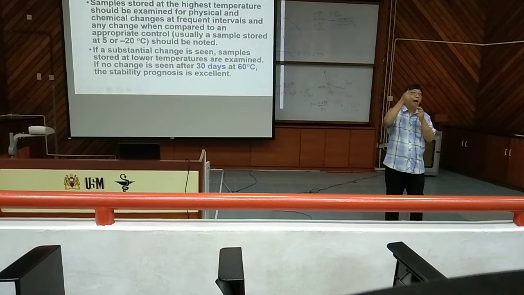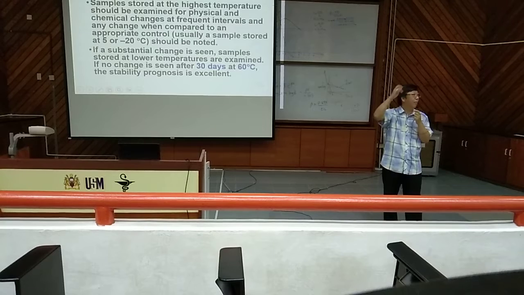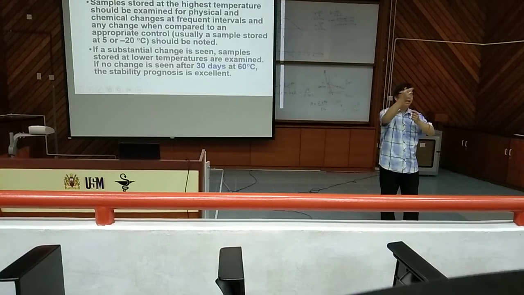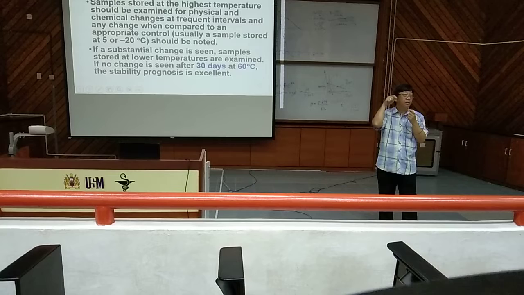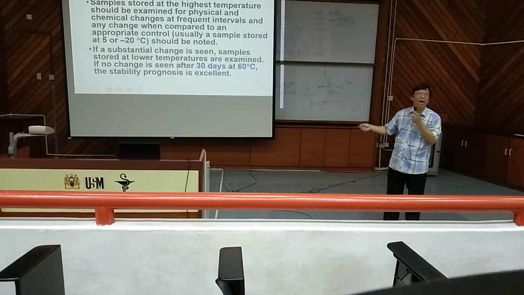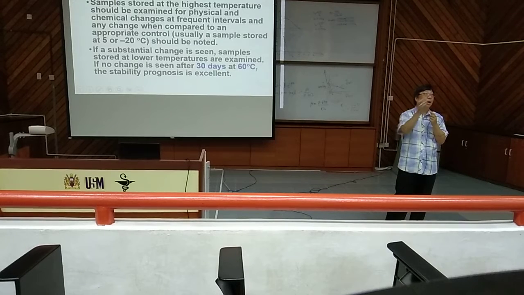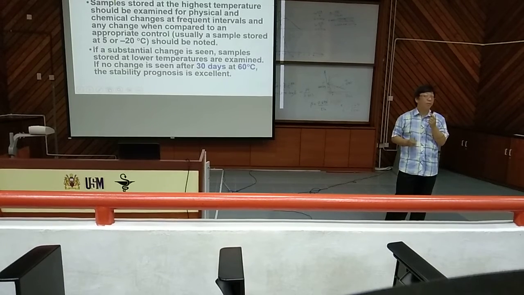So what happens is, I put the tablet into the oven at different temperatures. After some time, I take it out and check the content. So at this particular temperature, I have a value. If I use 5 different temperatures, I have 5 different values, right?